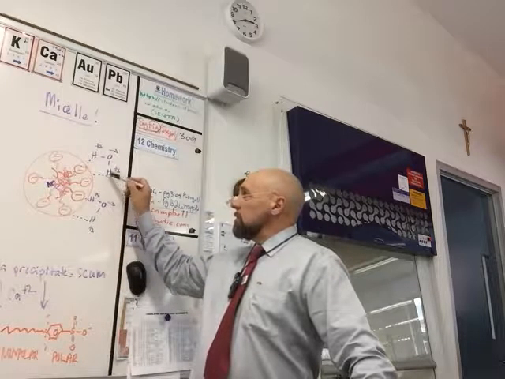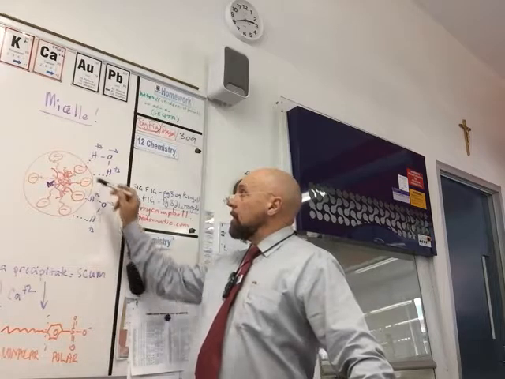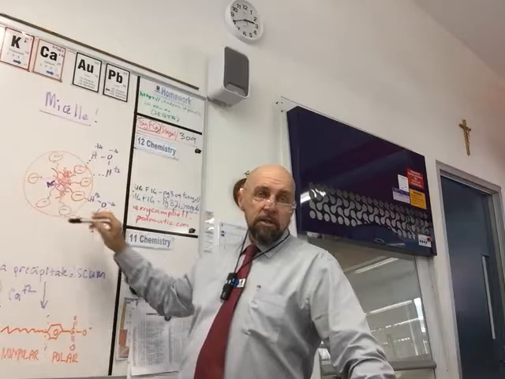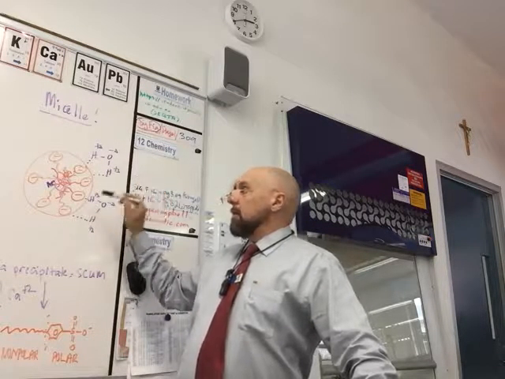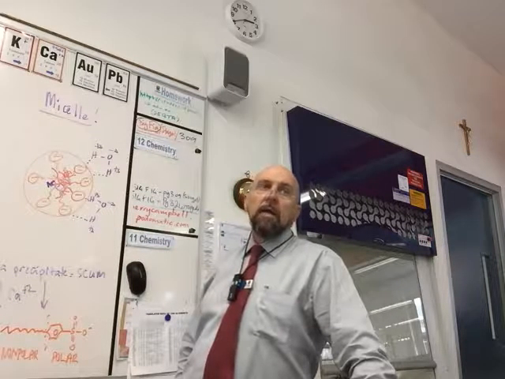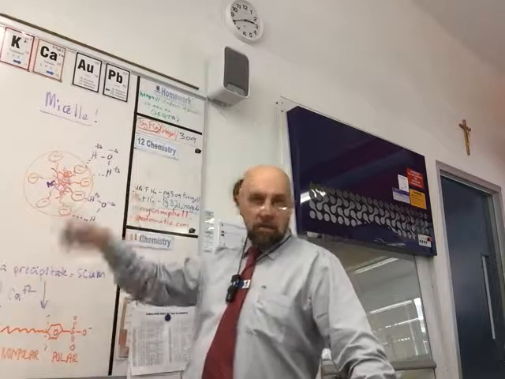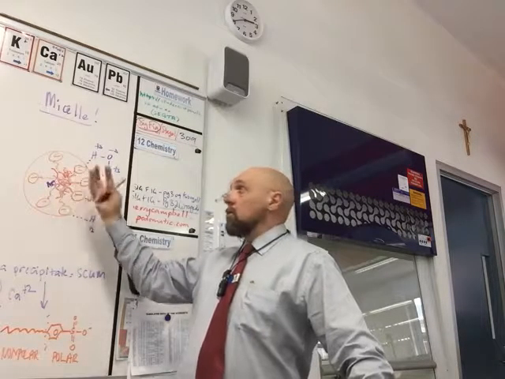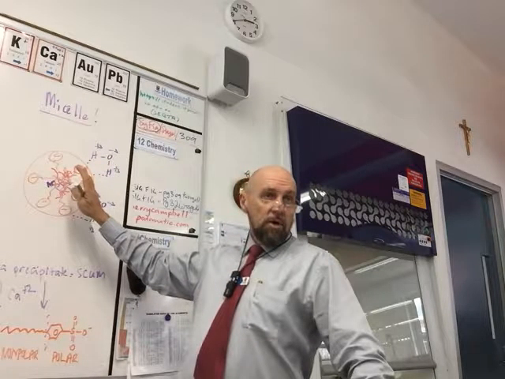So the positive hydrogens of the water can ion-dipole bond with all the micelles. So what we've actually done is we've tricked the water into thinking that the non-polar chemical is polar. We've encased it in a polar shell, and that's the amazing thing I think about how it works.